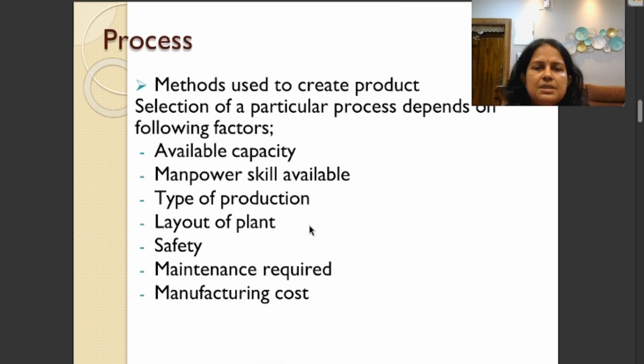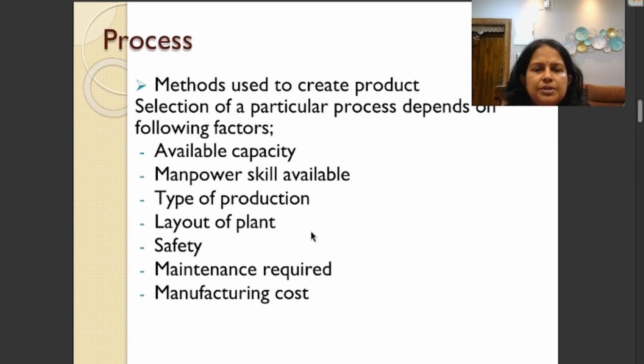Process. Process is all about our conversion process or the step-by-step operation, step-by-step approach. So, methods used to create the product. What is the method we are following throughout the process? For that, the dependent factors are the capacity of the plant, the manpower skill, and which type of production we are doing, whether batch production or mass production, that we need to understand.